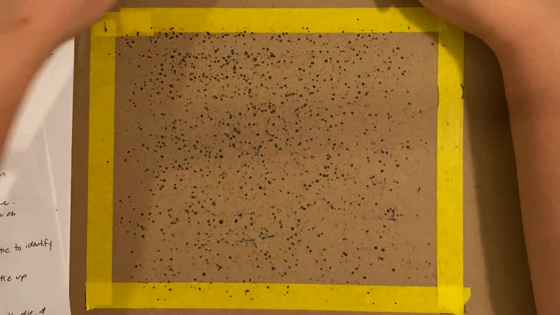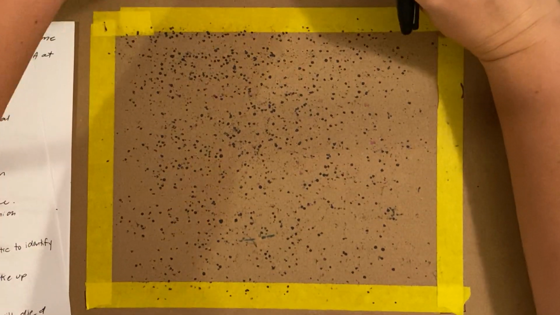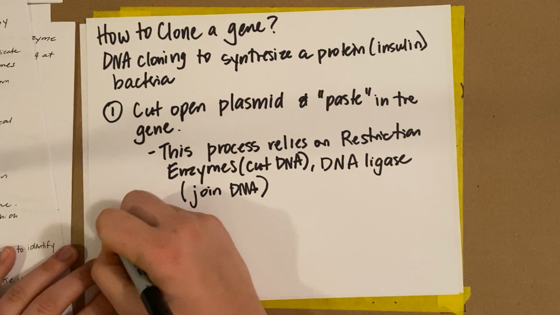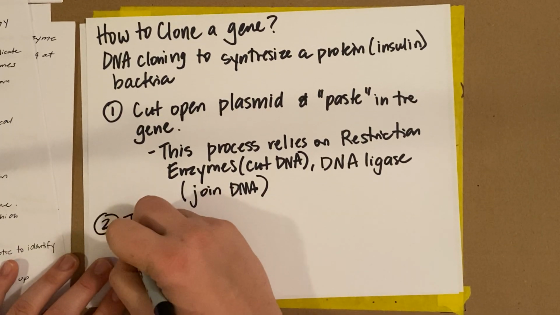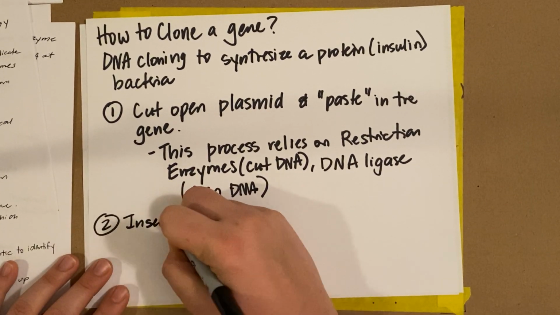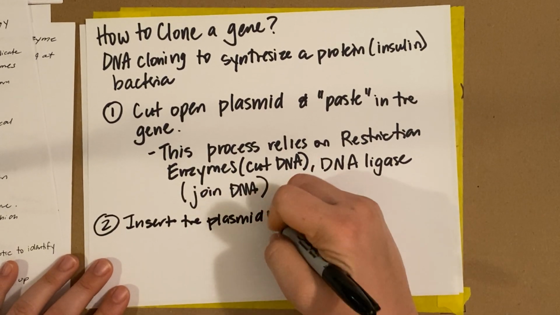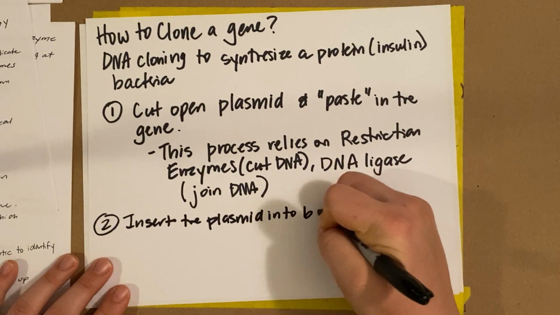So the next step, after you have the plasmid with the actual DNA, actually, let me go back to this page since I still have room. So our next step is going to be to insert the plasmid into bacteria.